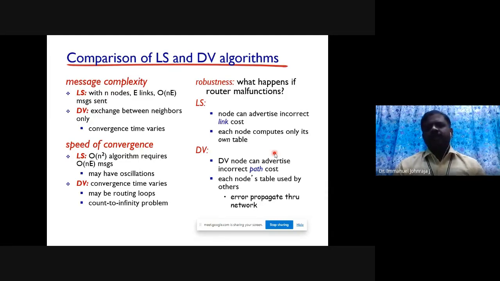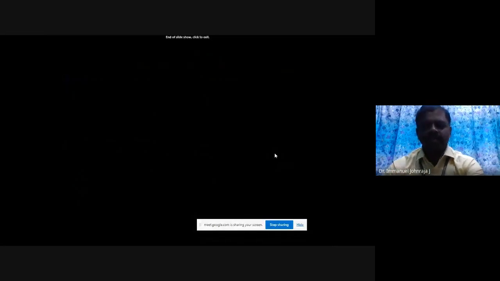Even if the network has some error, your algorithm should not be troubled much by that. That's robustness. In that case, link state routing somewhat performs better than distance vector routing. Otherwise, they are all in the same boat. None of them can be exempted from being a victim of router malfunctioning. So that brings the end to that.